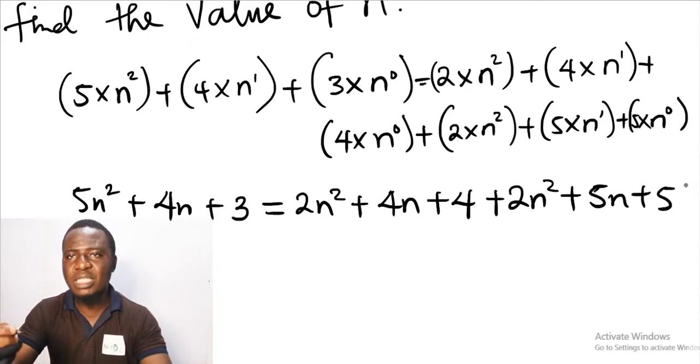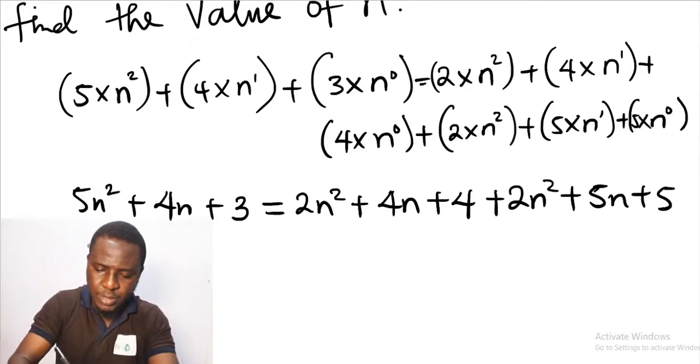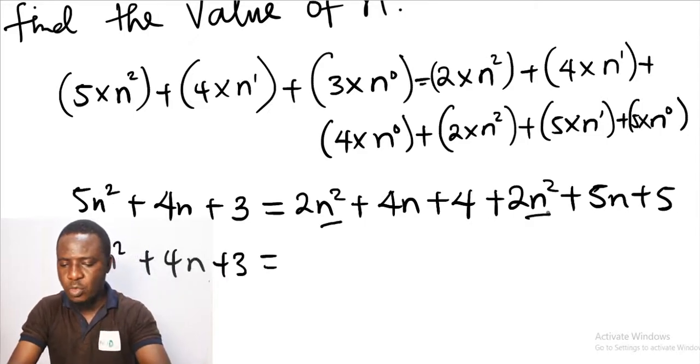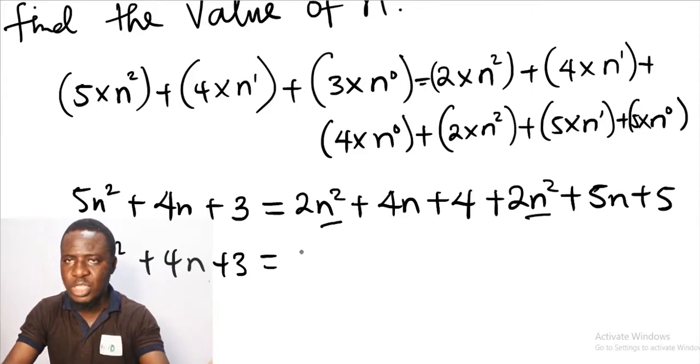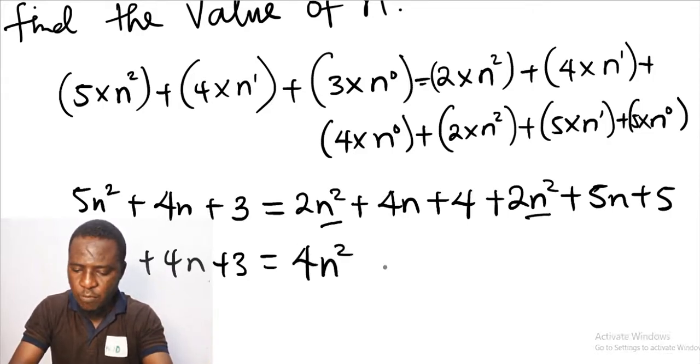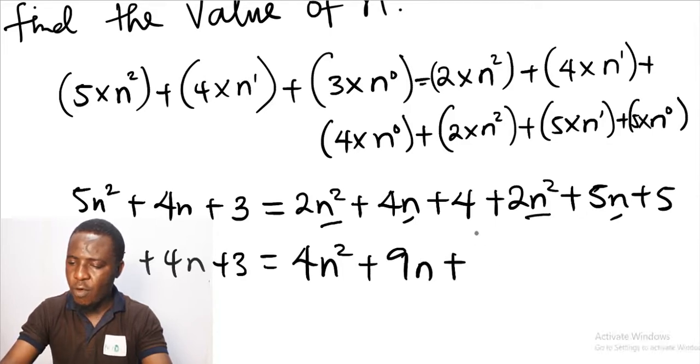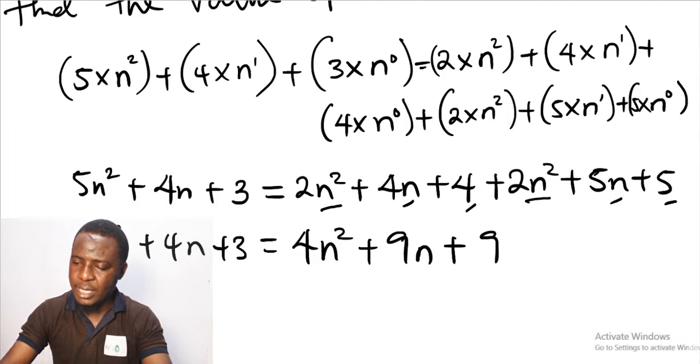Simplify further by collecting like terms. This becomes 5n squared plus 4n plus 3 being equal to, we have 2n squared plus 2n squared, which are like terms. This becomes 4n squared plus 4n plus 5n becomes 9n plus 4 plus 5 is 9.